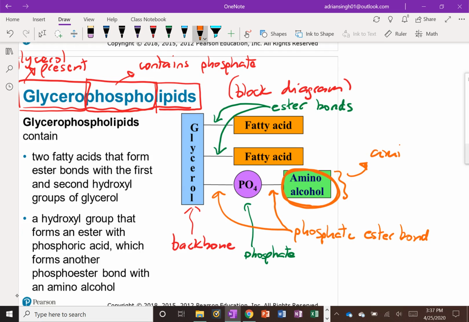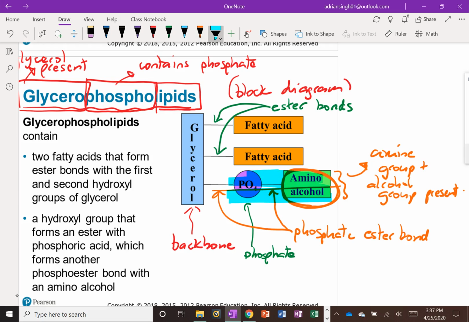There's an amine group and an alcohol group present in that part of the molecule. All right, so your glycerophospholipids look really similar to the triglycerides. The big difference is in this third attachment here. It's not a fatty acid. Instead, it is a phosphate attached to an amino alcohol.